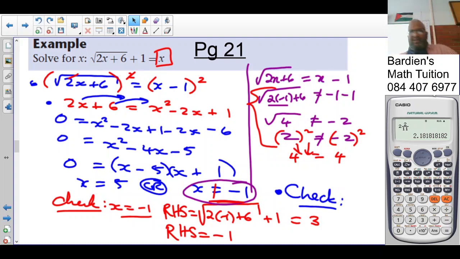Alright? I think we must do another one, not so? This is a commonly asked question for 5 marks. So we're going to do number 4 out of the revision exercise on page 23.